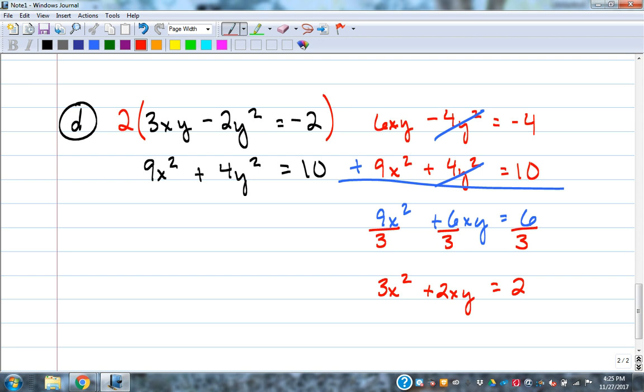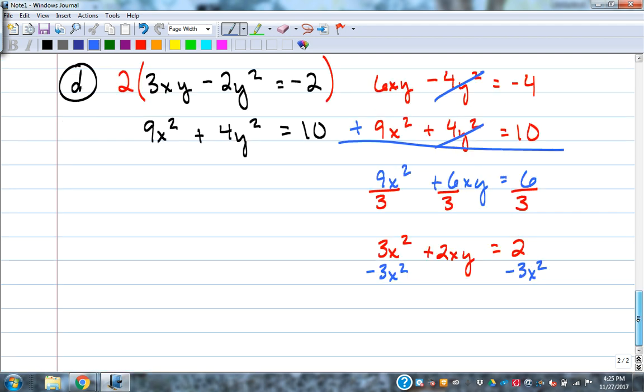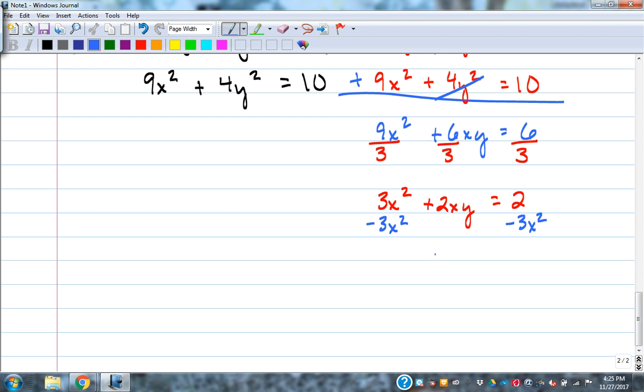So I can get this equation to equal y by just isolating y like I normally would with an equation. I could subtract the 3x squared. And that's going to give us 2xy equals 2 minus 3x squared. And then to get y by itself, I could divide by 2x.